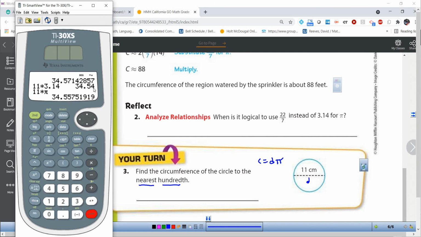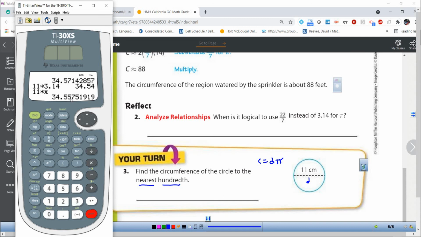Using 3.14, it's easy because it only went 2 places. So the answer using 3.14 would be 34.54. Now, using the pi button, we get 34.55 and so on. Rounding to the hundredths means go to the second place, but I look at the third place, and if it's 5 or bigger, I'm going to round up.